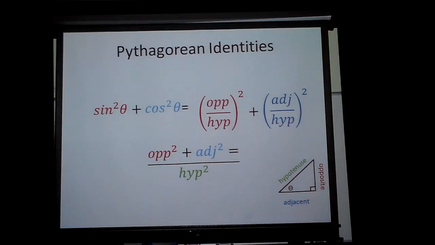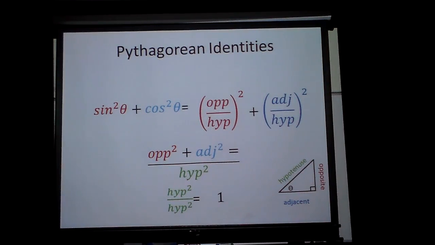Now think about it. Isn't the opposite plus the adjacent also equal to the hypotenuse? So if you have the hypotenuse over the hypotenuse squared, guess what you're going to get? 1. Like the loneliest number that you'll ever see. So sine squared plus cosine squared equals 1.